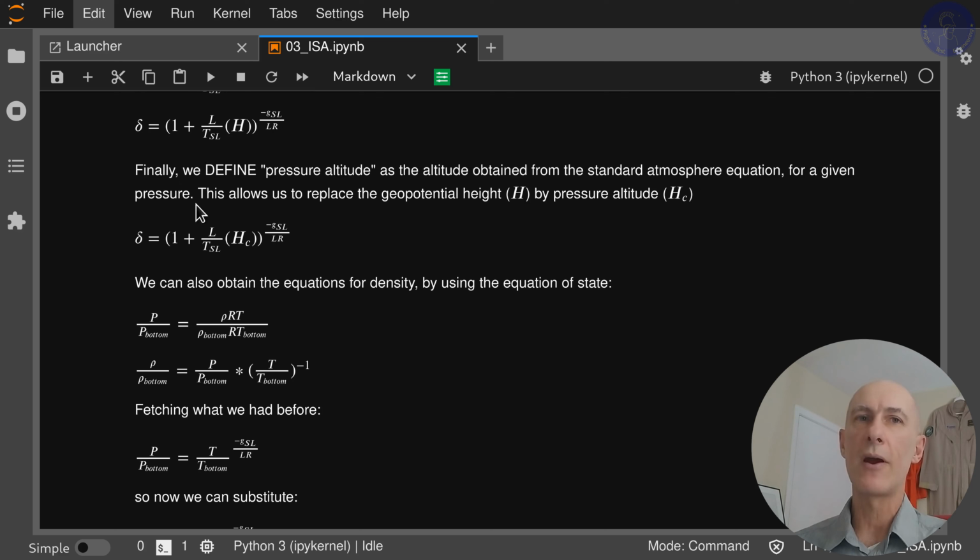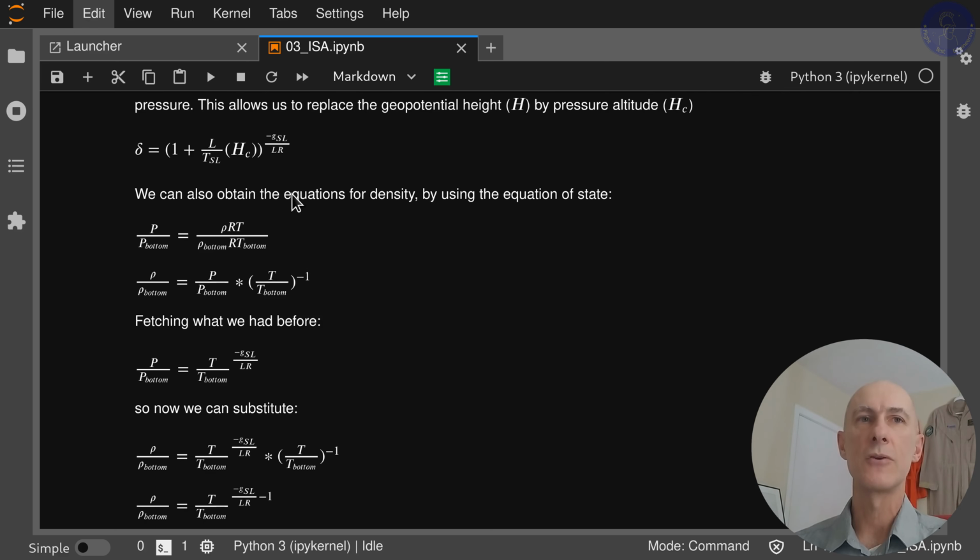Finally, we define the pressure altitude as the altitude obtained from the standard atmosphere equation for a given pressure. This allows us to directly replace our geopotential height here by pressure altitude, which we denote by HC. So this is the equation for our standard atmosphere, the international standard atmosphere.